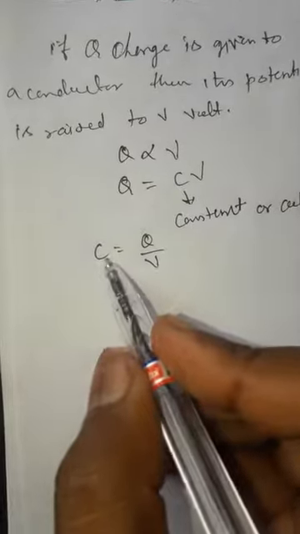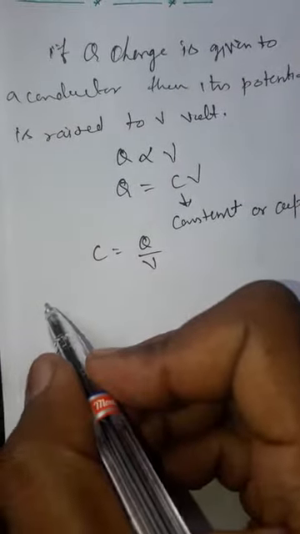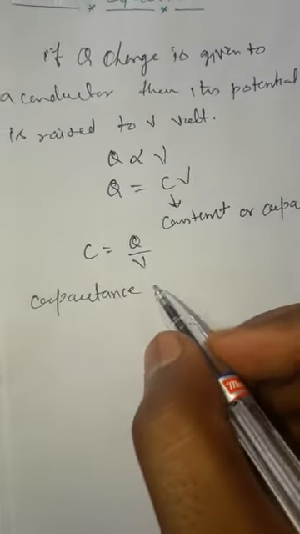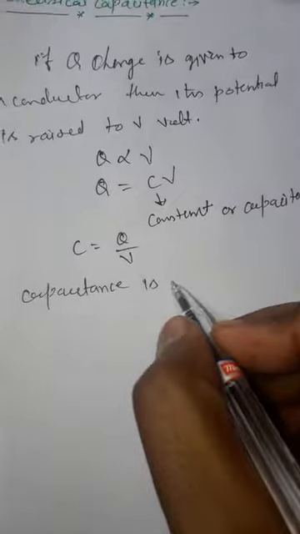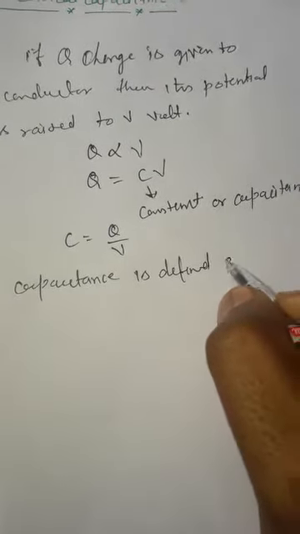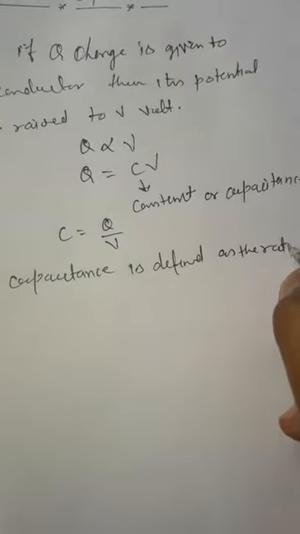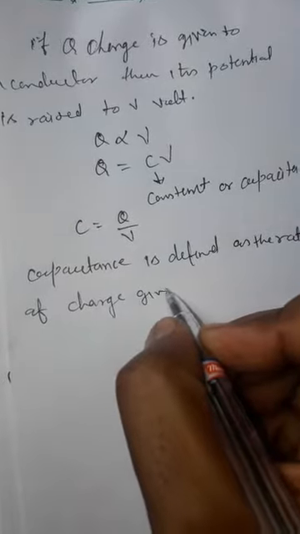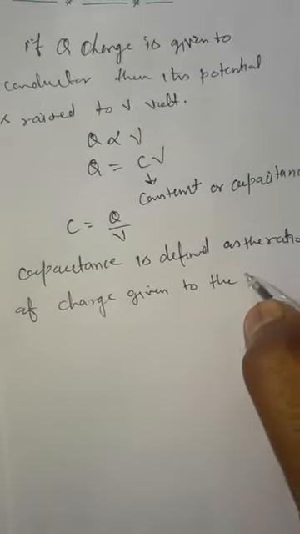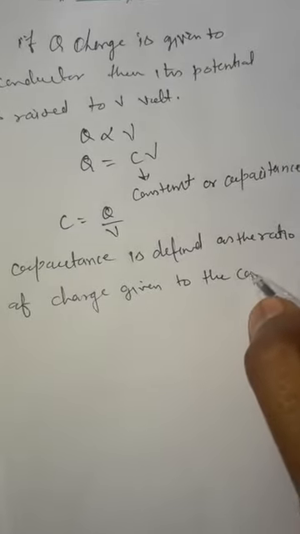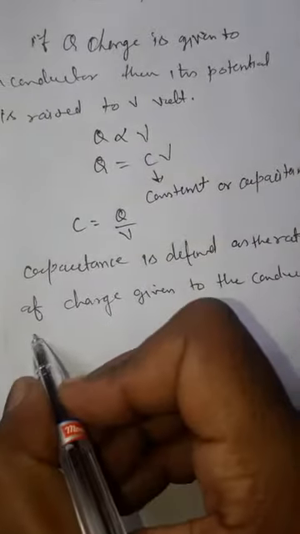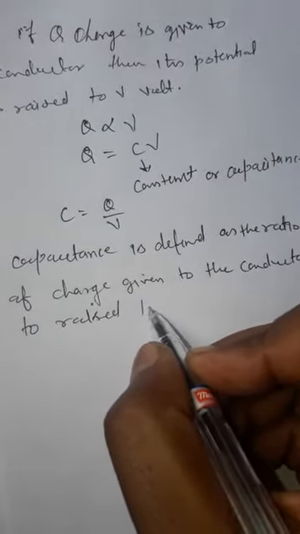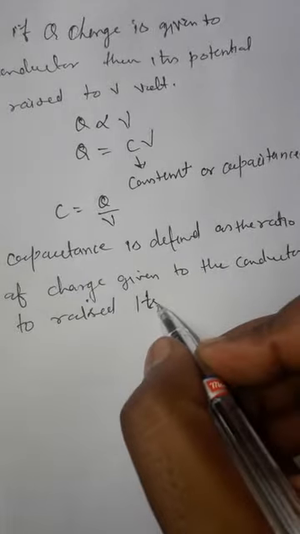Okay, so the capacitance is also known as the capacity of a conductor, or capacitance is also defined as the ratio of charge given to the conductor to the potential raised.